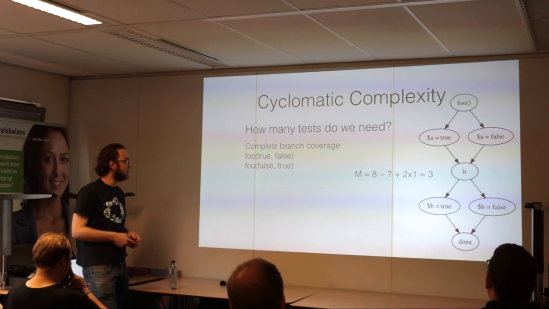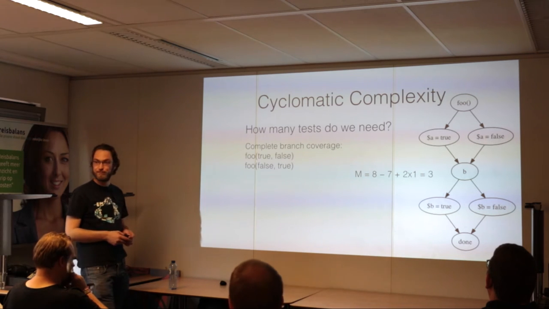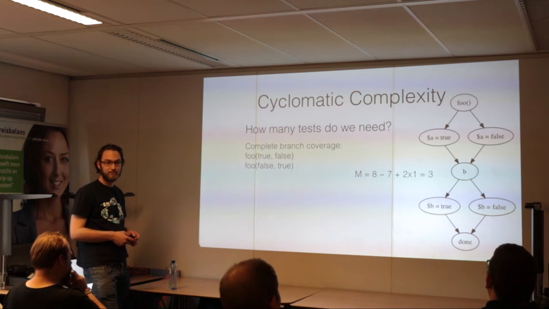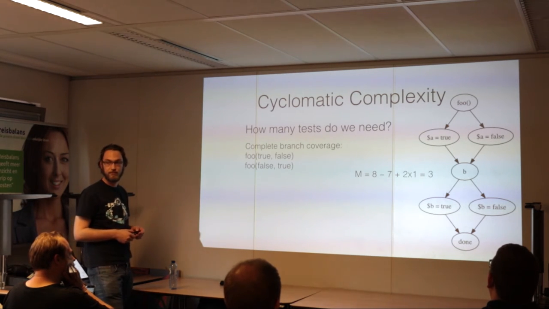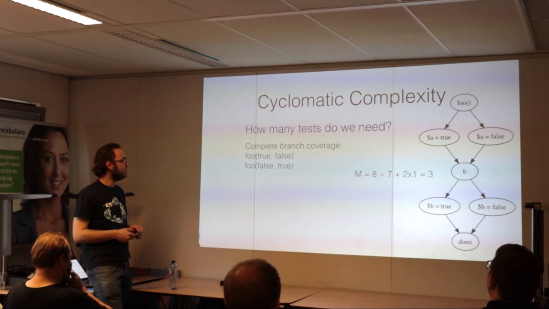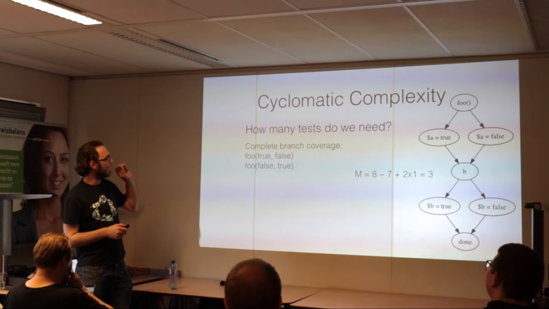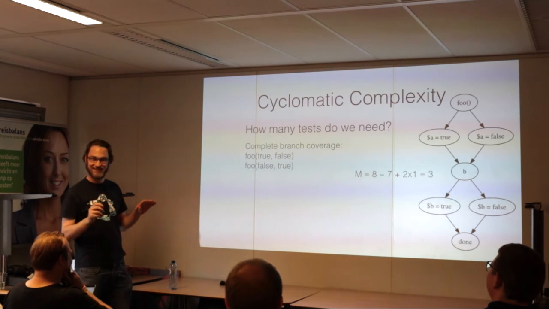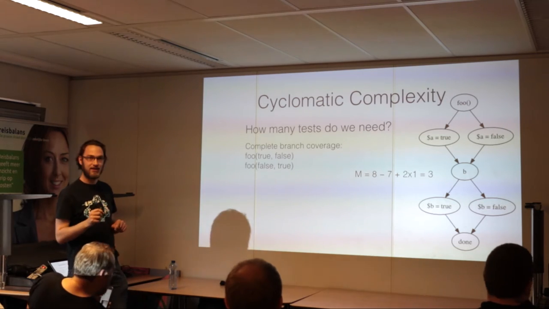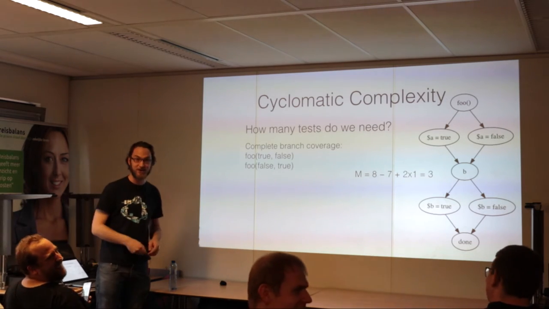So, how many tests do we need for this? If we were to write tests for all the functionality? 3. Yeah, it also still depends on your definition. And the budget, of course.